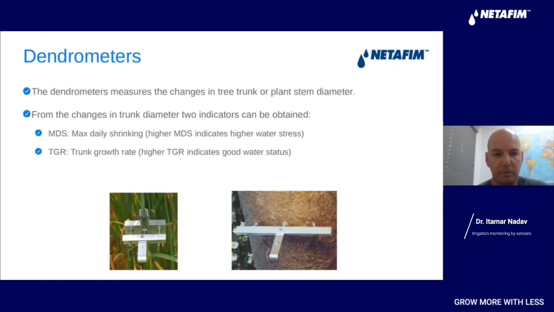So the widely used plant sensors are the dendrometers, and they measure the changes of the tree trunk or plant stem diameter. And from those sensors, we can actually extract two indicators, which are very important for understanding the status of the plant.